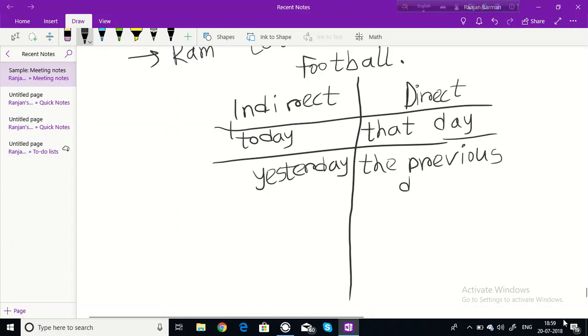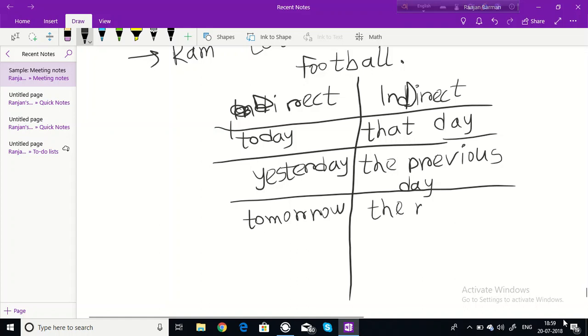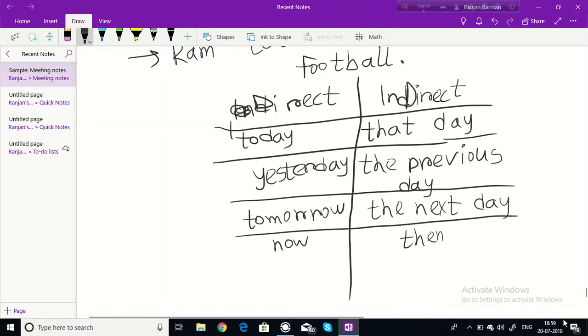This one is direct and this one is indirect. And by these words we can easily transform the direct form into indirect.